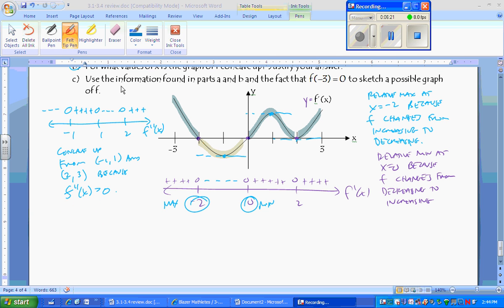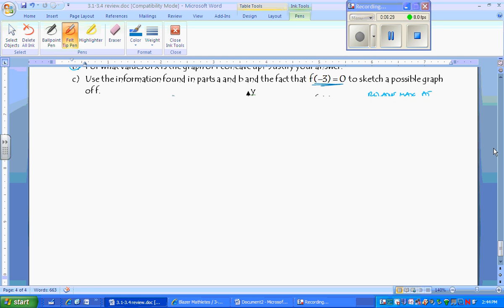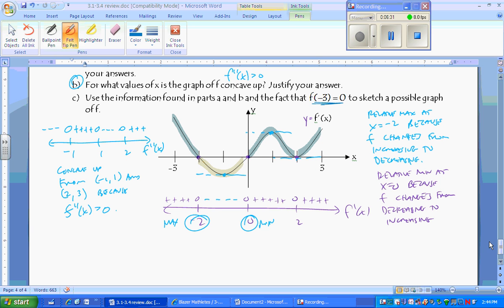Alright, the last part here asks us to sketch a graph, and it tells us f of -3 is 0. So we're going from -3 to 3, and our starting point here is at 0. Now the y values don't matter so much here.